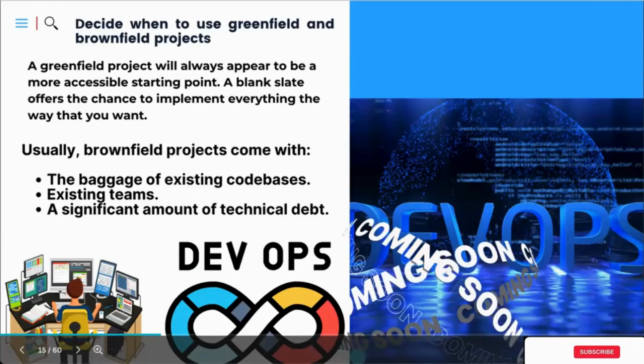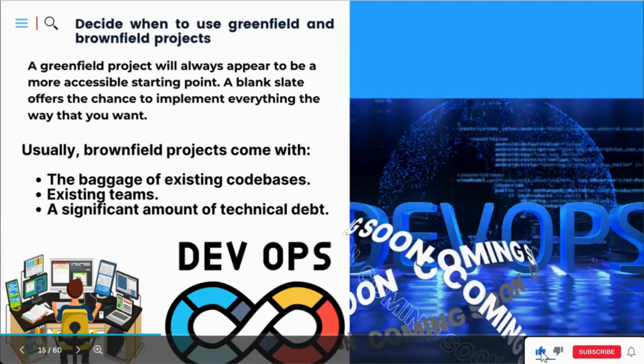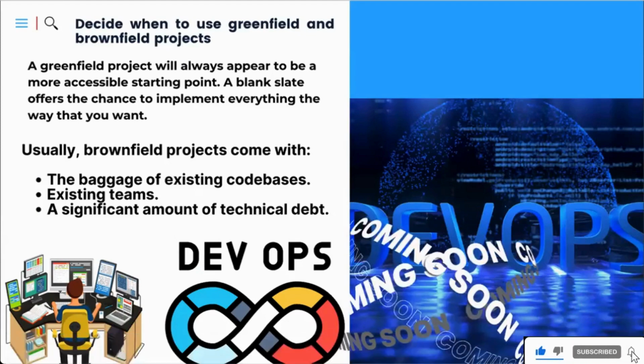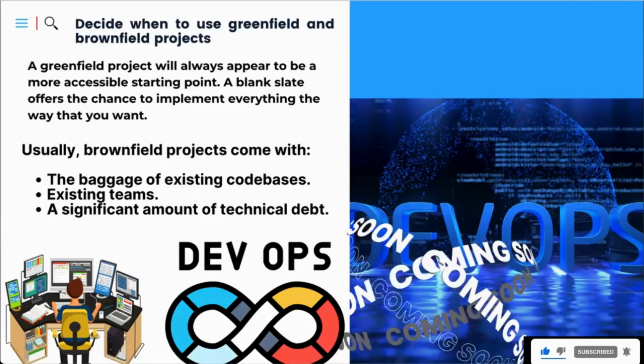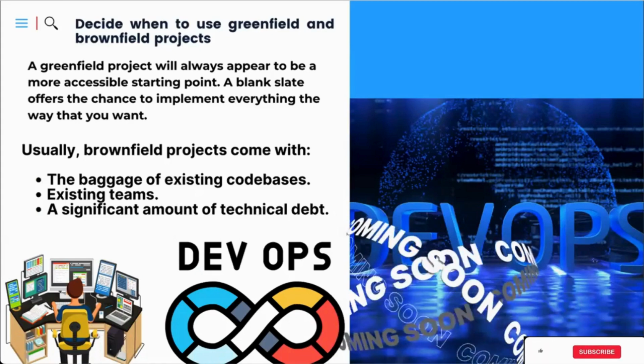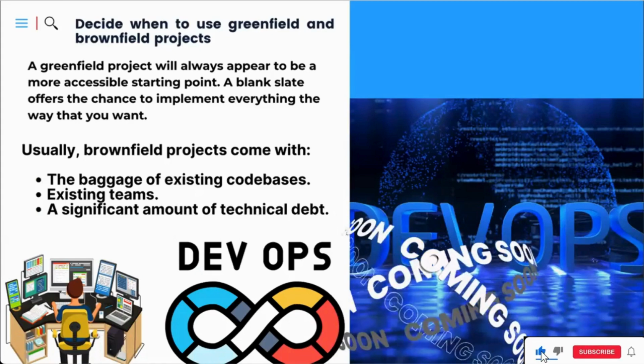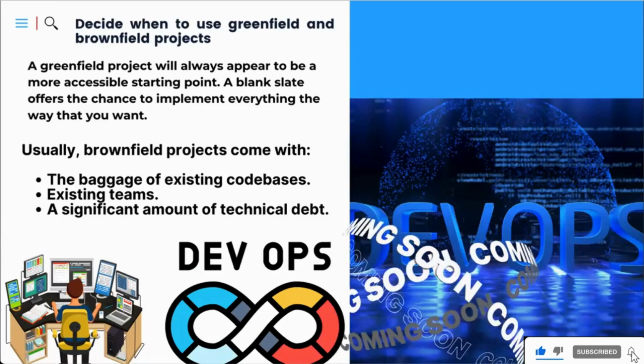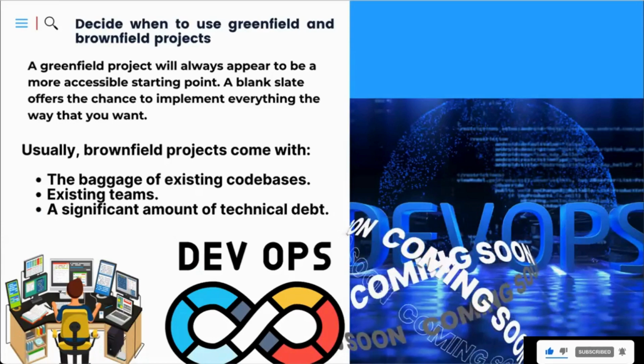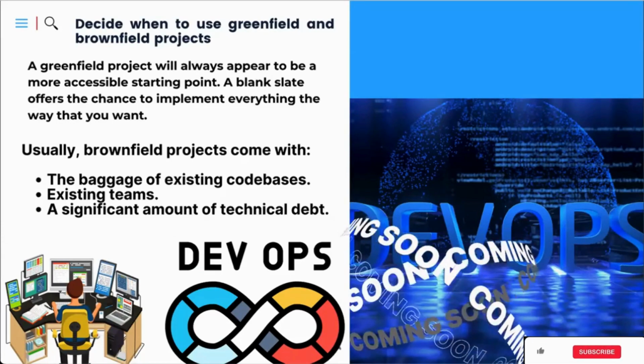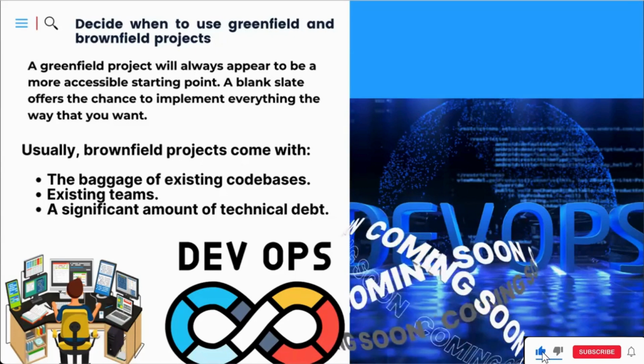So the next topic is how you are going to decide when to use a greenfield or brownfield project. A greenfield project will always appear to be a more accessible starting point. A blank state offers the chance to implement everything the way that you want.